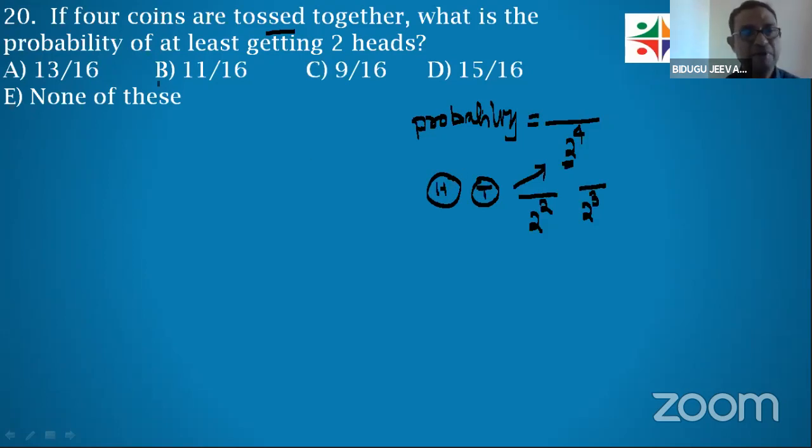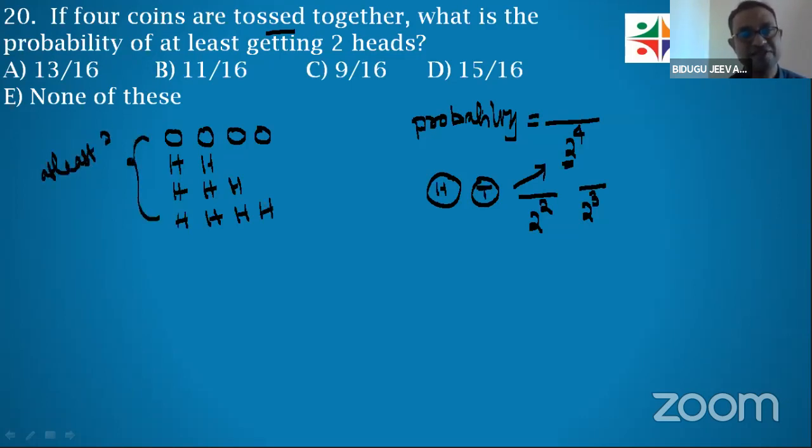Probability of at least getting 2 heads. What is the meaning of this? At least 2 heads means you must get 2 heads, or you may get 3 heads, or you may get all 4 heads.